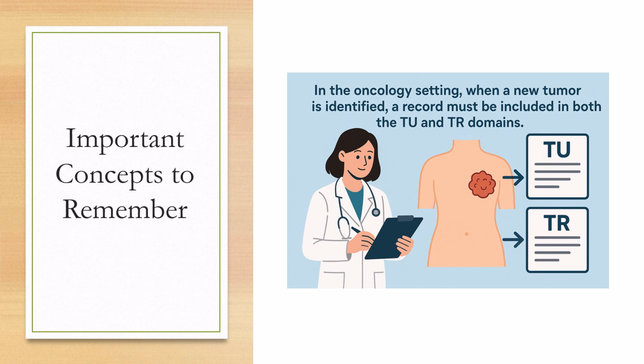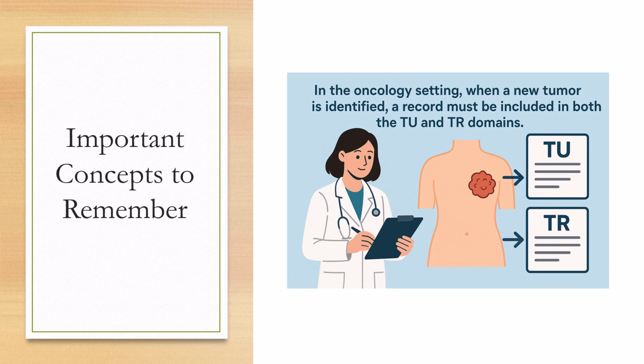Another point to note here is that since we are already relating the record in TU with the record in TR using the link ID, and we are already populating the TULOC variable mentioning the anatomical location, we do not need to populate the TR location for this record, because we can always find out the location by linking back to the TU record.